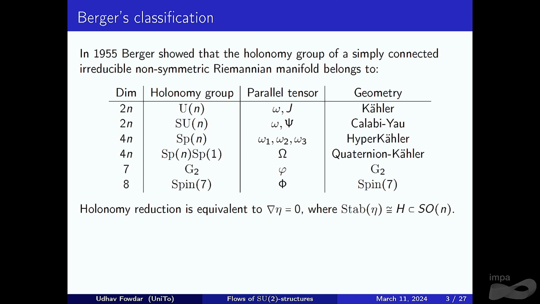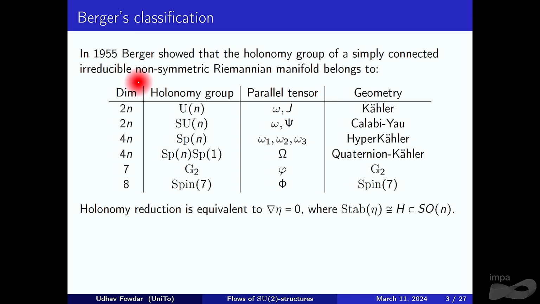Back in the 50s, Berger classified Riemannian holonomy groups of manifolds which are not symmetric spaces and whose metric is not locally a product, and it falls into this small list below. I've omitted just the Riemannian case where you just have the metric as a parallel tensor. So in each of these cases, in addition to having the metric, which is covariantly constant with respect to the Levi-Civita connection, you have another set of tensors.